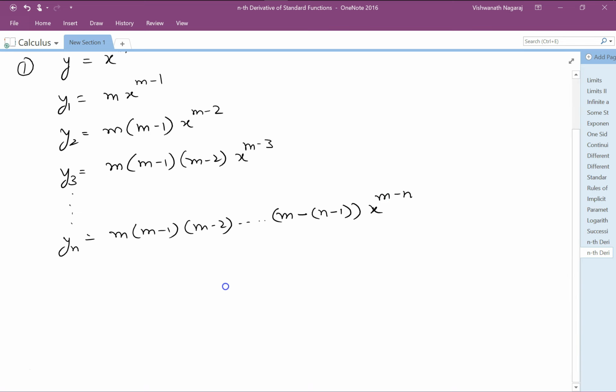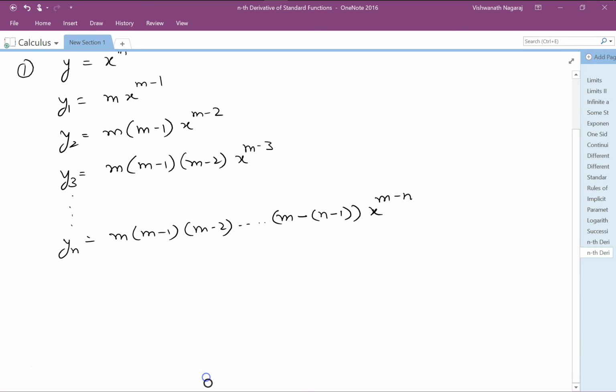Okay. So now let's look at this. Does this remind you of something? m into m minus 1 into m minus 2? It should, because this is nothing but m factorial. Now it doesn't go up to 3 times 2 times 1 kind of thing. It stops at m minus n plus 1.